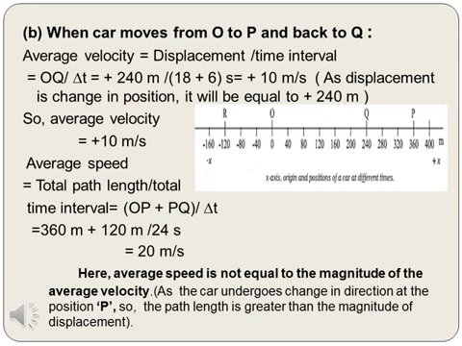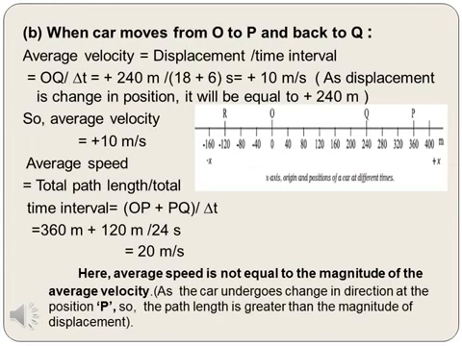Then, what should be the average speed? Average speed is equal to total path length divided by total time taken, which is equal to OP plus PQ whole divided by delta t is equal to 360 meter plus 120 meter whole divided by 24 seconds is equal to 20 meter per second.